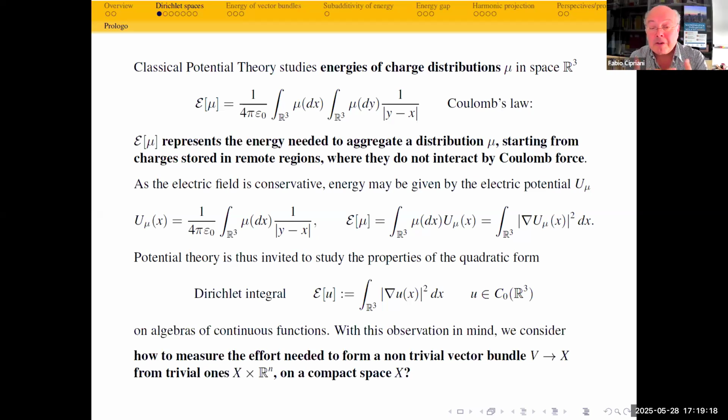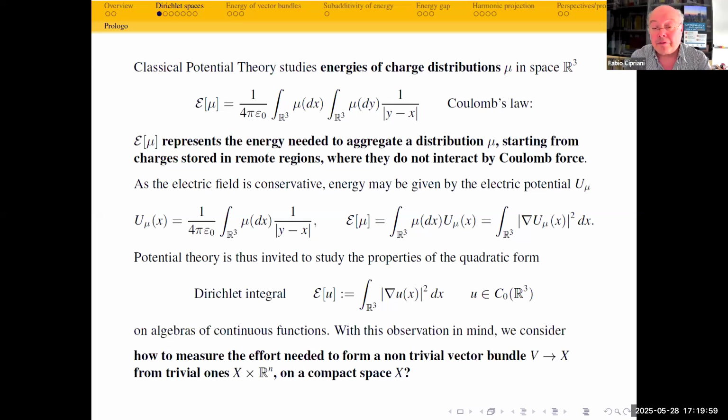This number represents the energy needed to aggregate, to form this distribution mu, starting from a situation in which the charges are stored in very remote regions, very far from one another, in such a way that the Coulomb force between them is vanishing. So this is the meaning of the energy of a charge distribution.